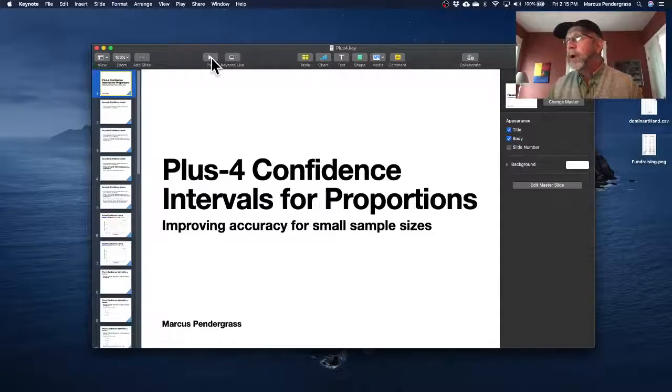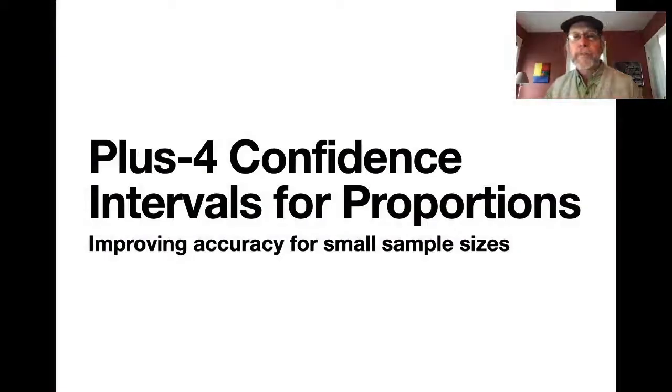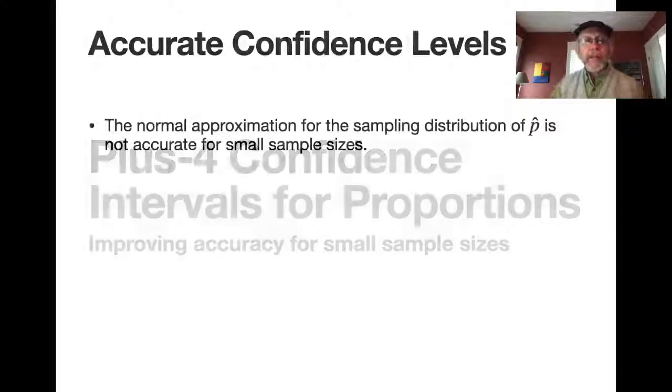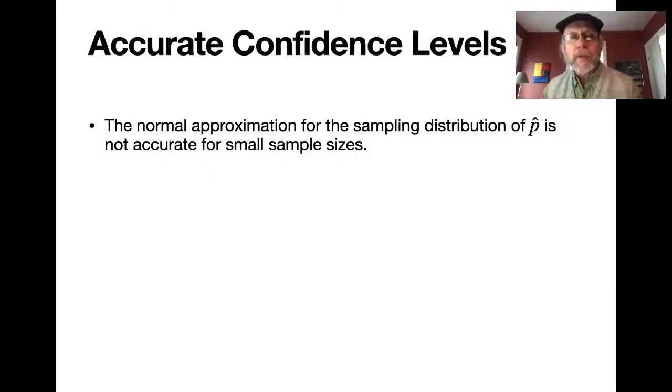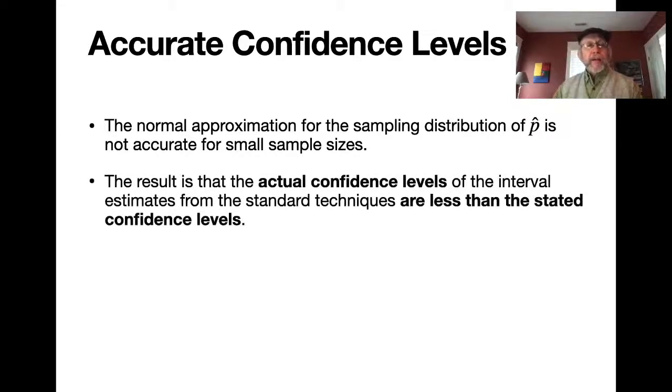So, plus 4 confidence intervals for proportions. As I said, the normal approximation for the sampling distribution of a sample proportion, p hat, is not accurate for small sample sizes. And the inaccuracy manifests itself in the fact that the confidence level that you think you're getting from a confidence interval will actually not be correct.